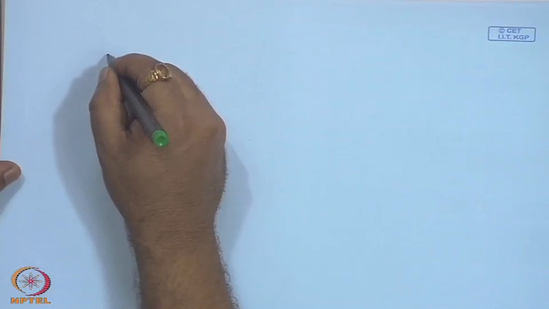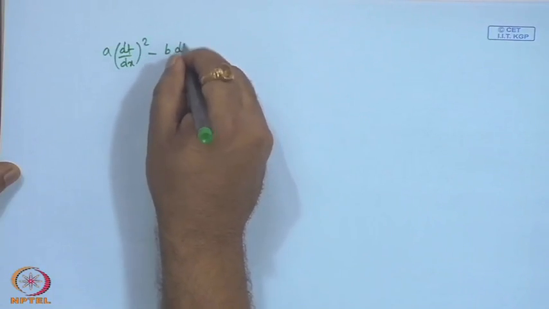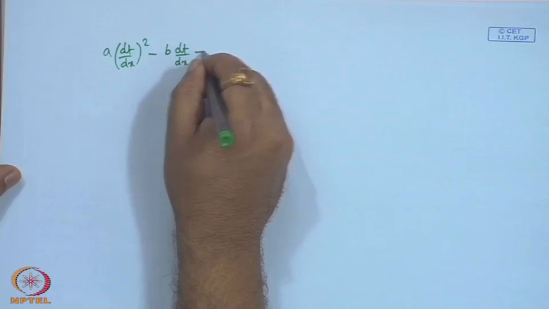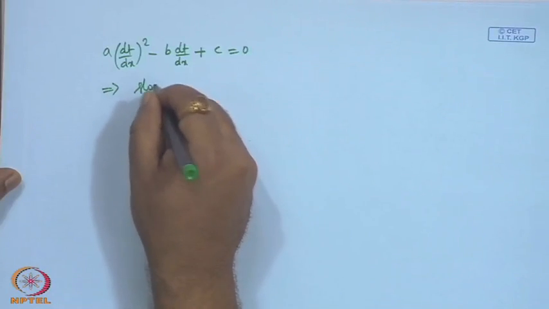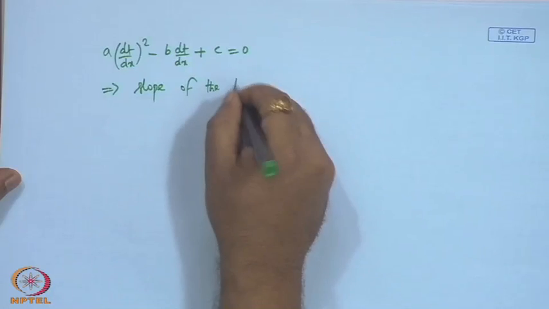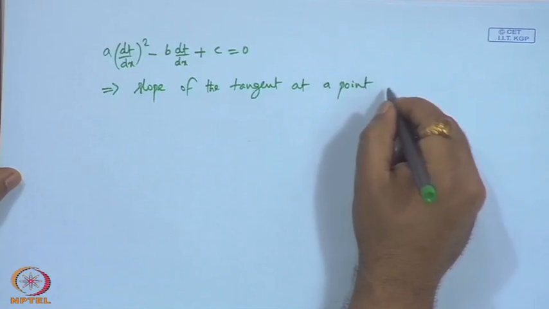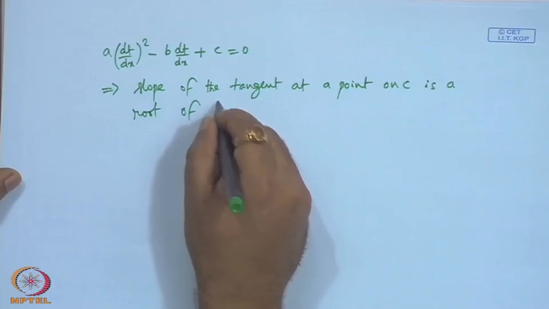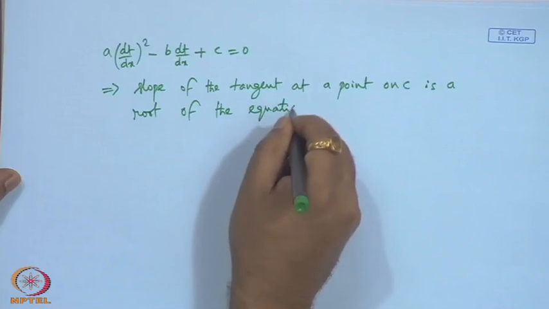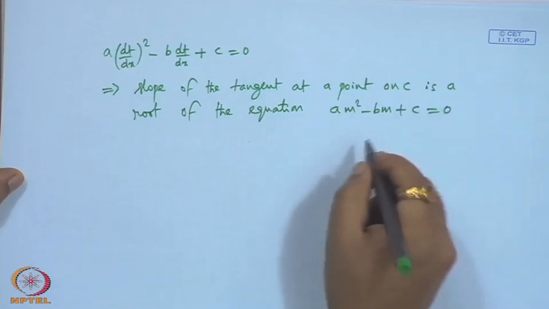So, let us write down: A (dt by dx) squared minus B (dt by dx) plus C equals 0 implies the slope of the tangent at a point on C is a root of the equation a m squared minus b m plus c equals 0.